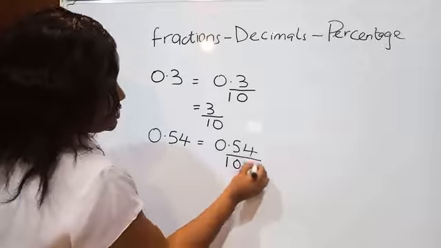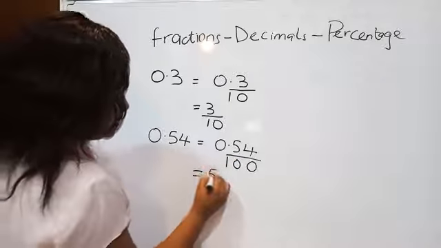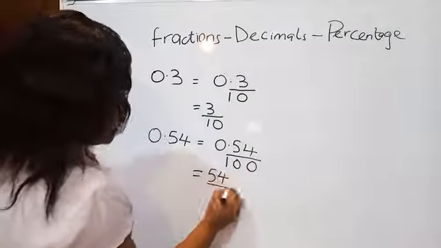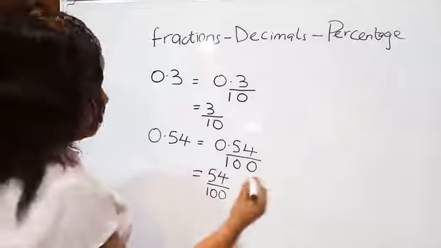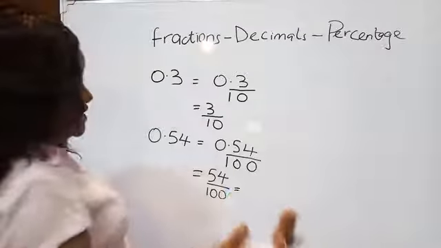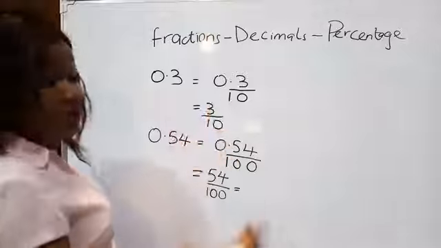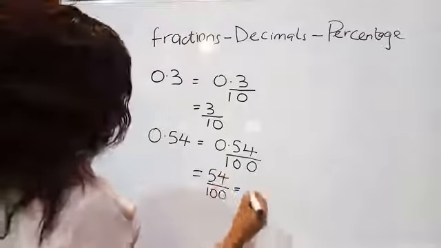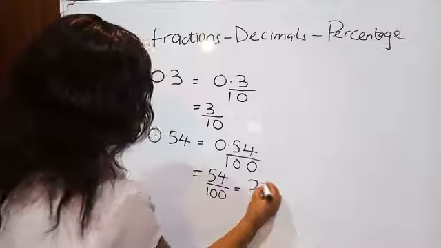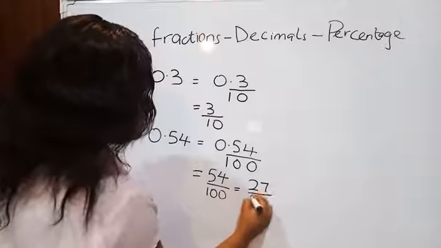Under this number, you put 0. And so we have 54 over 100, which we can still reduce to the lowest term. Dividing both numerator and denominator by 2, which is a common factor, we have 27 over 50.